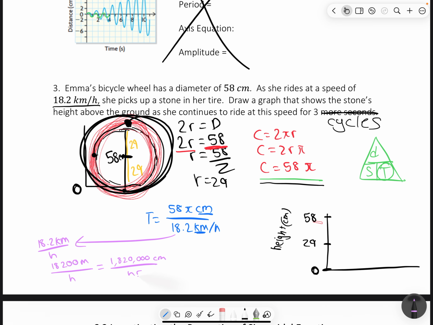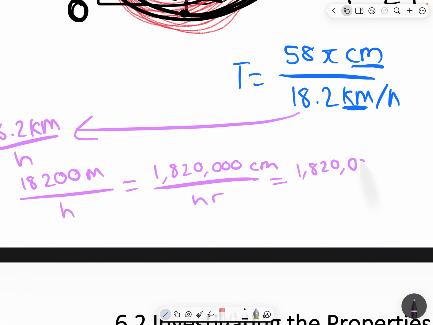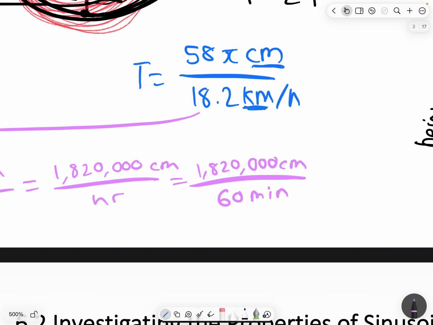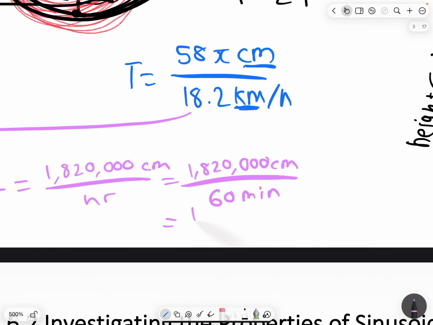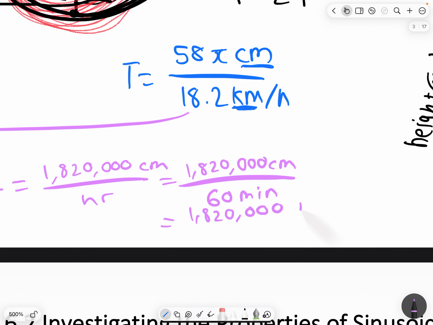So we know 1 hour is 60 minutes, so this is 1,820,000 centimeters per 60 minutes. If you want to convert this to seconds, you could just multiply by 60 again: centimeters per 3,600 seconds.